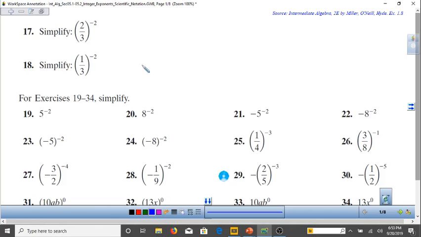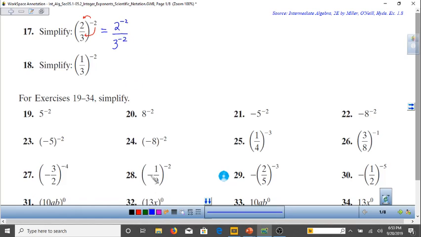Now, we have two ways we can do this. We have a rule that says if you have something raised to a negative exponent, you can distribute the negative exponent to each term, if it's a product or if it's a quotient. This is a quotient. So that means I could say this is the same as 2 to the negative 2 exponent over 3 to the negative 2 exponent.